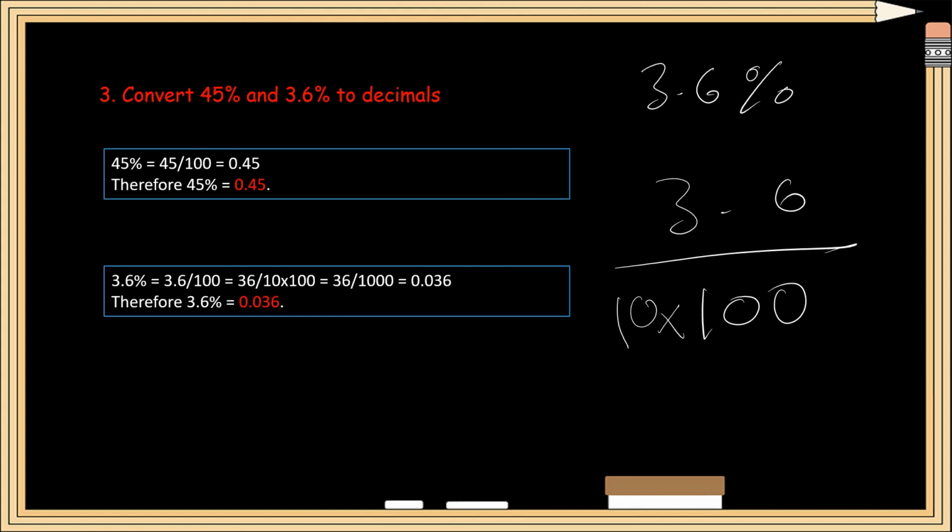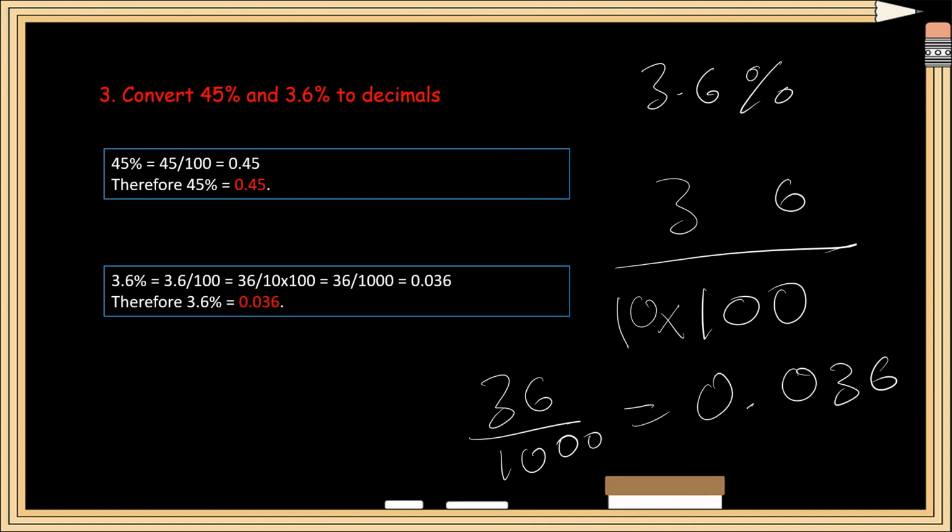We have to multiply even the top and the bottom by 10 to remove the decimal point, and we have a decimal fraction which is 36 by 1000. Now this is equal to 0.036, because here we have 3, so 1 2, and we add a 0, and then that becomes our third digit, and point and another 0.